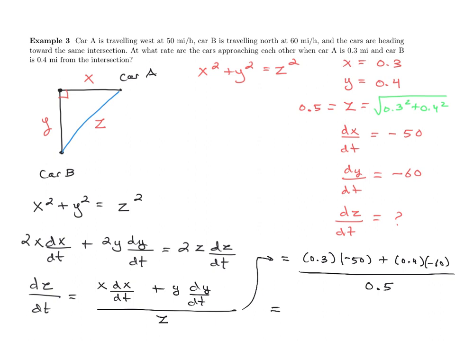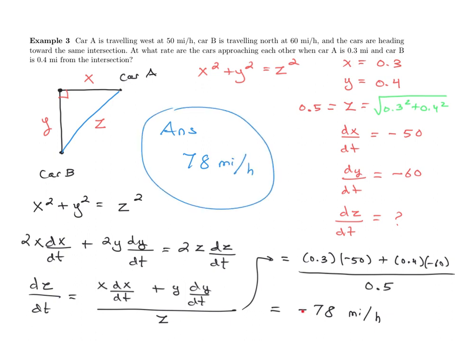Okay, I got negative 78. So the units on this are going to be miles per hour. So at what rate are the cars approaching each other? That rate, the answer to this problem, is going to be 78 miles per hour. The reason I'm not including the negative here is that the negative is telling me that this line z is decreasing in size.